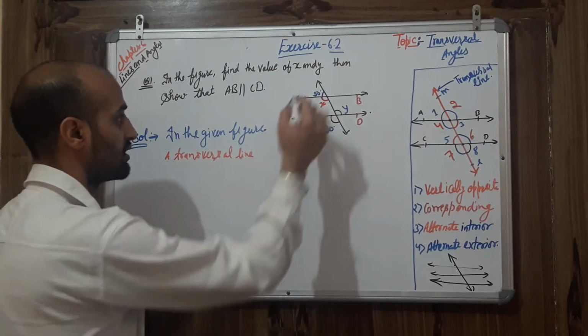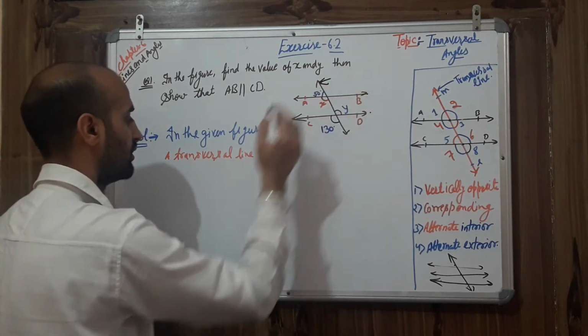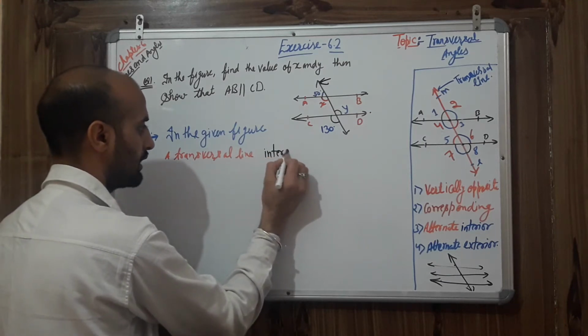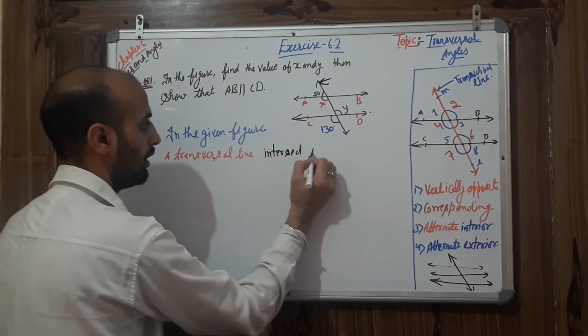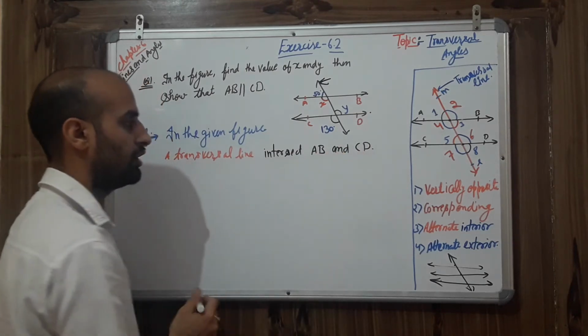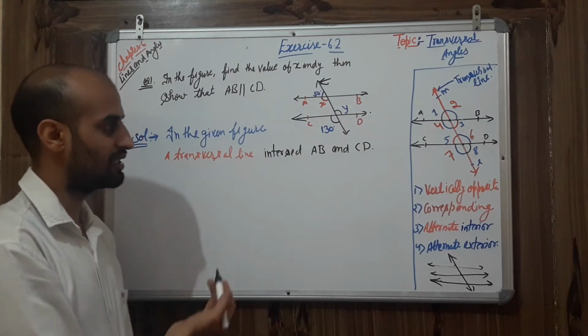So which one is transversal? This line is transversal now. Transversal line intersects AB and CD. So these two lines are intersected by transversal line.